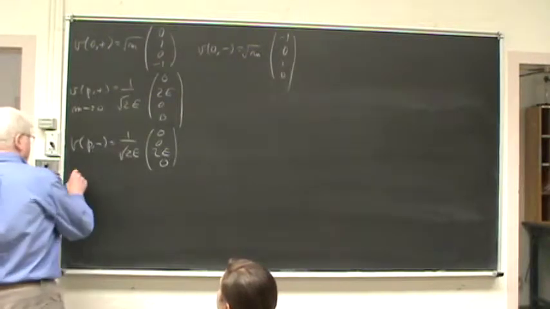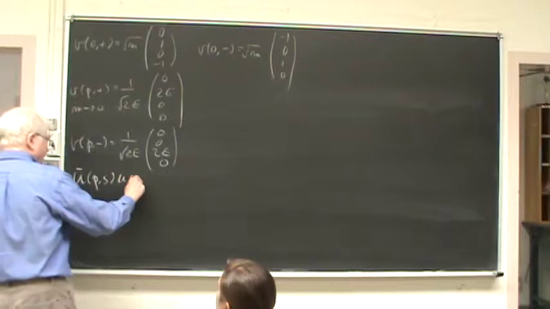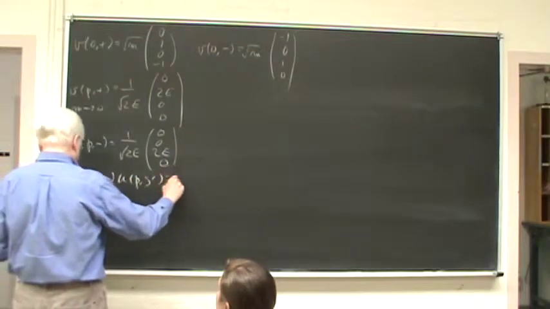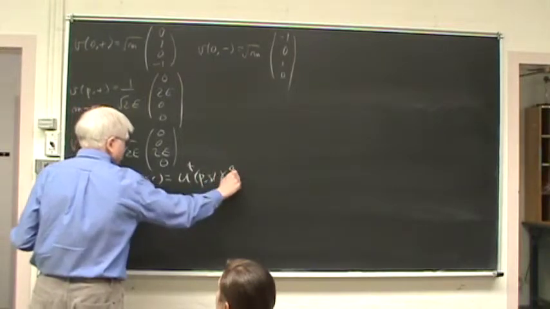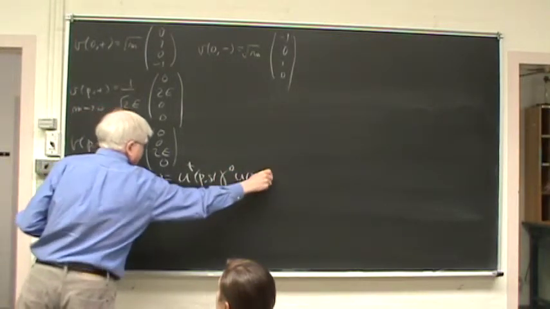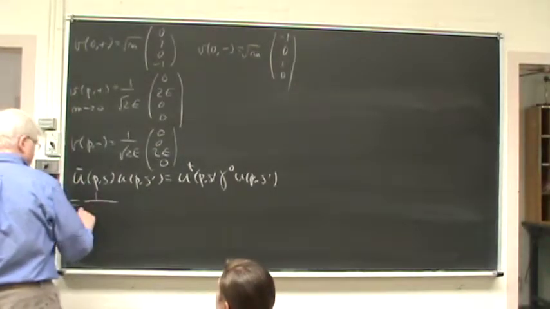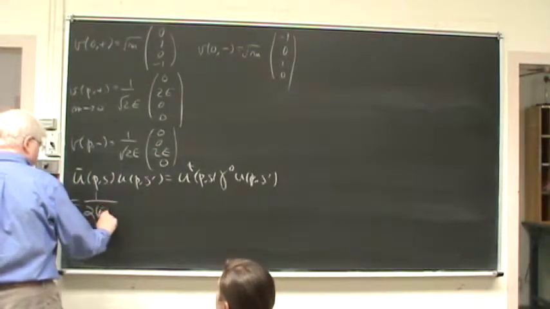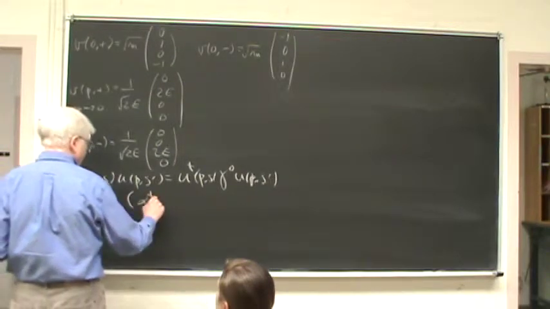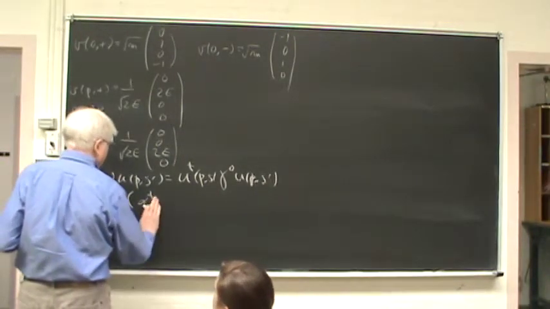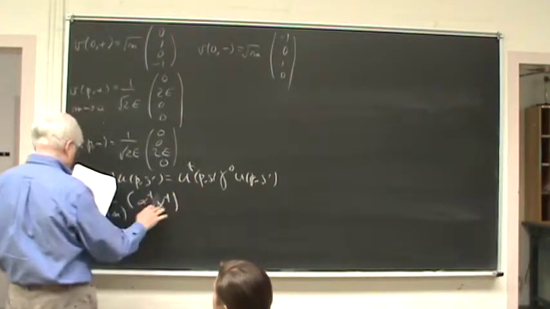In particular, if we look at this calculation, this is u dagger of p and s, gamma 0, u of p and s prime. And so the two normalization factors give us 1 over 2E plus m, and then we have alpha dagger for s.